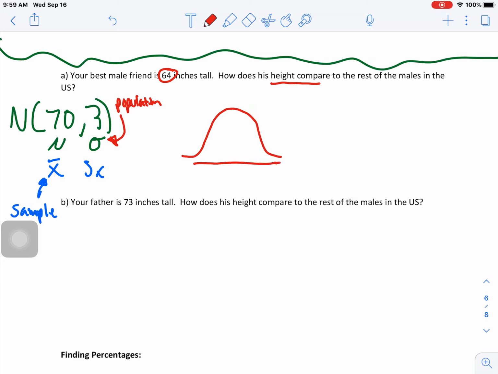Draw your bell shape. And in the middle, we know that the average is 70. And I like to put 3 dashes above and 3 dashes below, and each of those stands for a standard deviation.